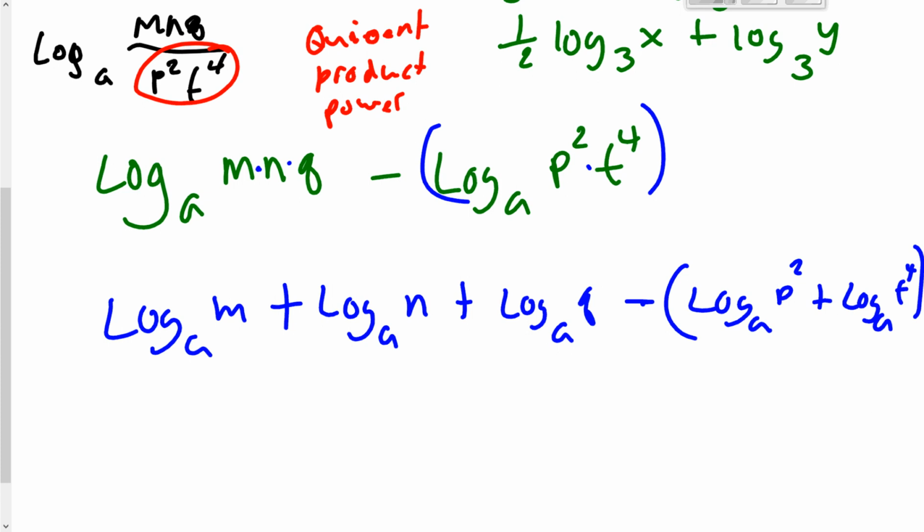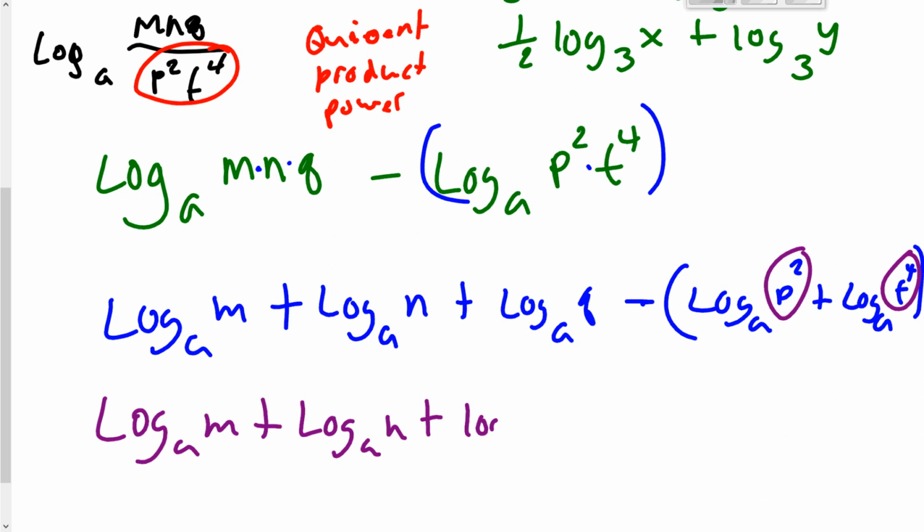We'll be adding logs. Okay, now we can expand this again because here we have exponents. So we can take the exponent and multiply it by the log. I'll just keep the parentheses so far.